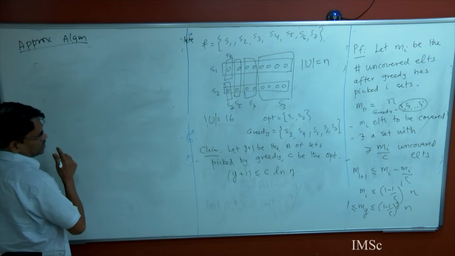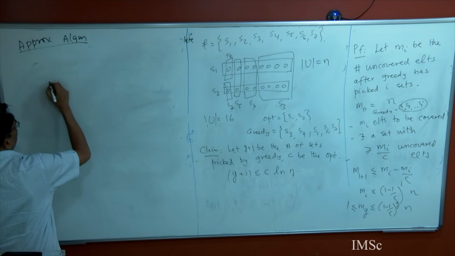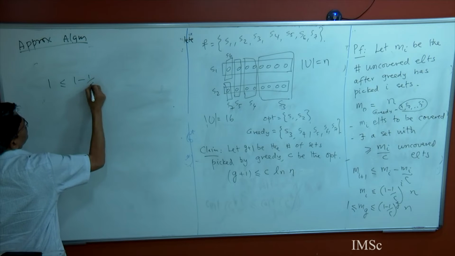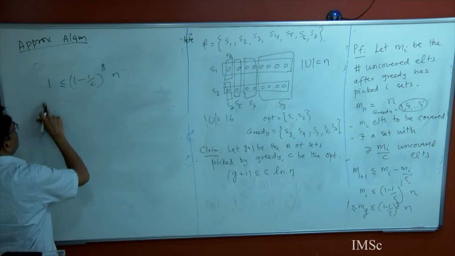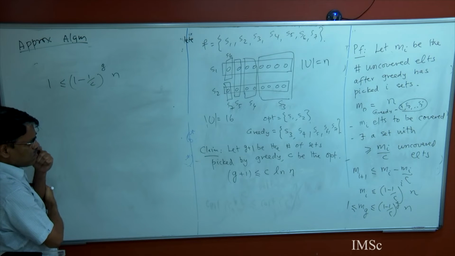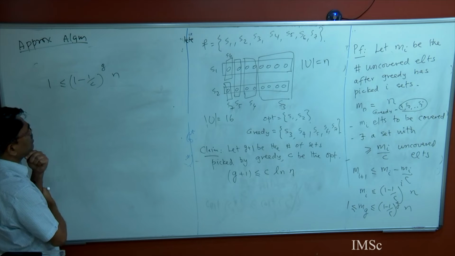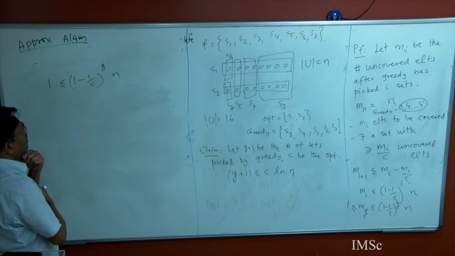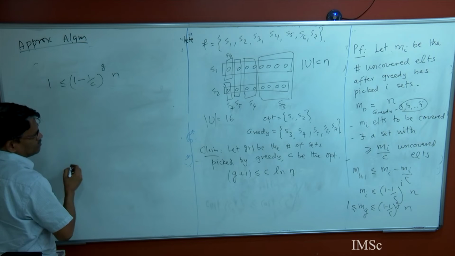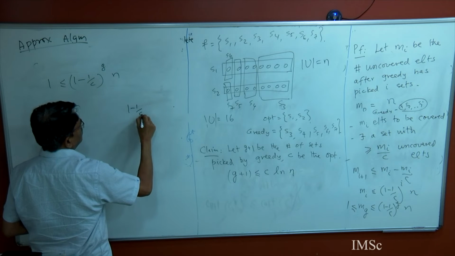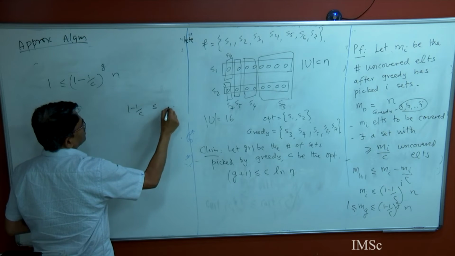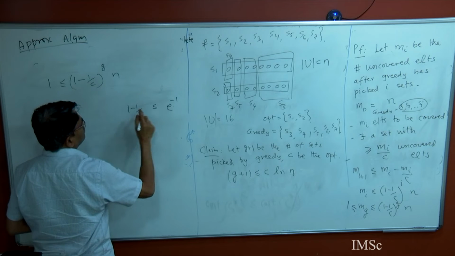So, what do I get? 1 is less than or equal to (1 minus 1 by c) whole power g times n. Separately, we will show, or it is easy to see, that 1 minus 1 by c is less than or equal to e power minus 1 by c.